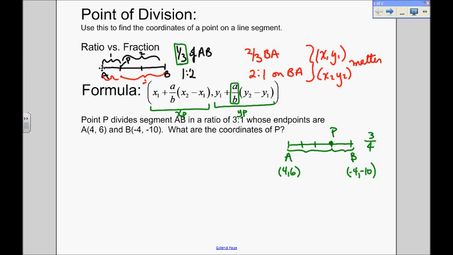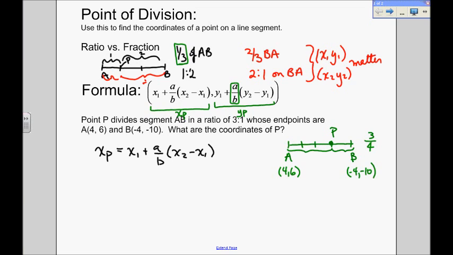So if I want to find the coordinates of P, basically to find the x value of P, I'm going to use x1 plus a over b, times x2 minus x1.